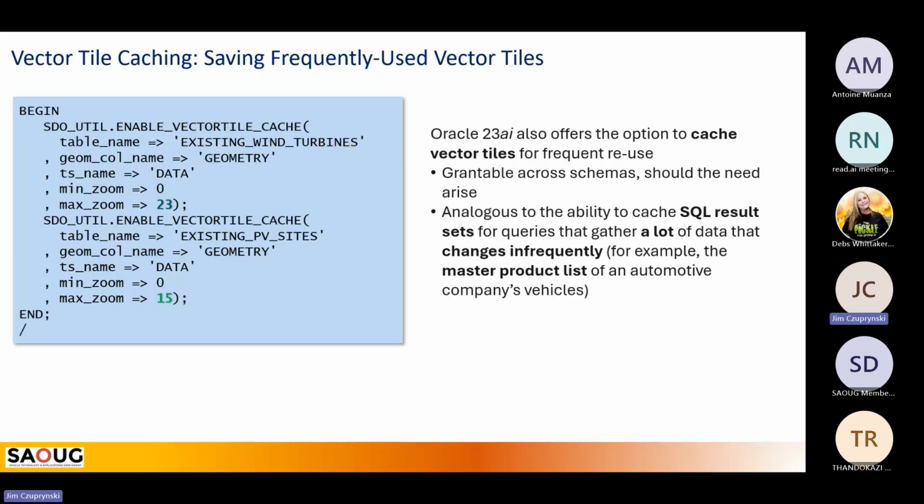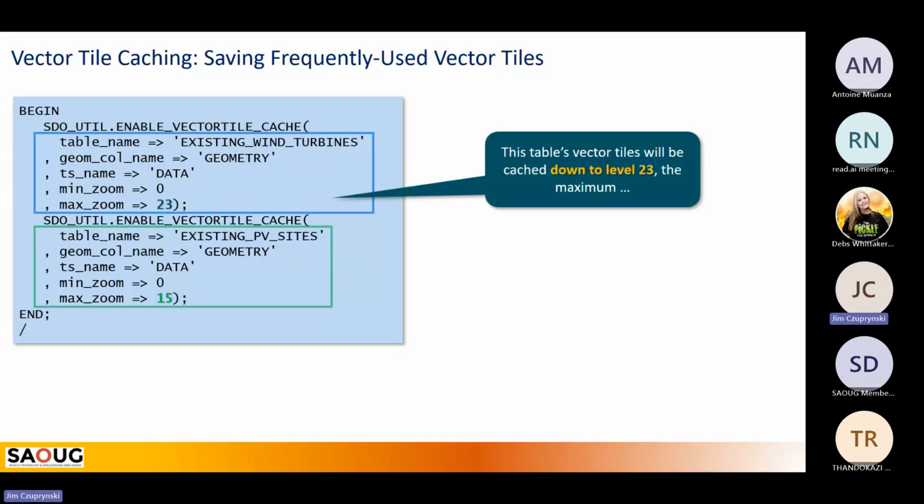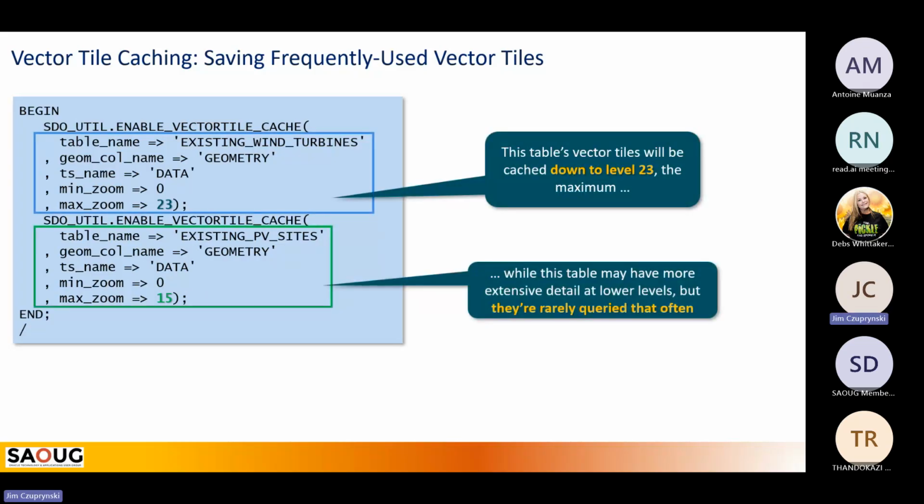I'm zooming in lower for existing wind turbines than I am for photovoltaic cells, for example. So again, anything below zoom level 15 for photovoltaic cells, I would not cache them. I would only cache them if they were zoom level 15 or above.